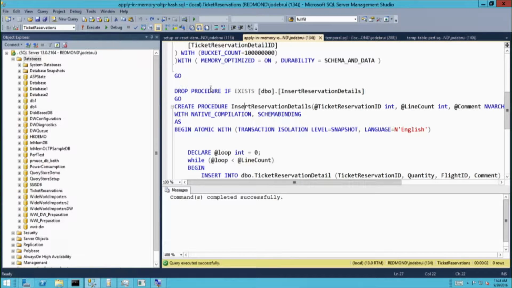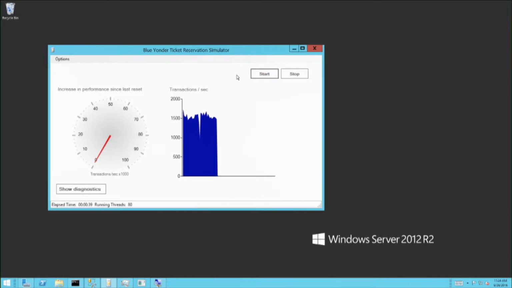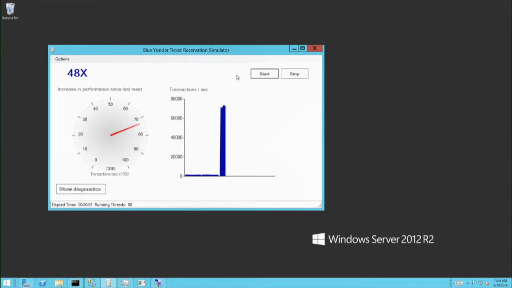I'm just dropping my old table, creating new memory optimized, dropping the old stored procedure, creating new natively compiled. And when we go back here, we already see a pretty nice performance gain. This is, of course, a demo scenario, but still, this is the kind of potential that you can see, almost 50-fold, right?